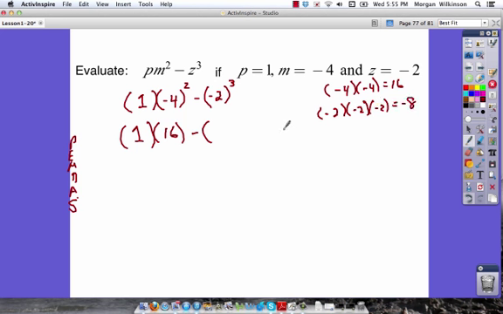So this is really -8. Now, that positive comes in handy because we've got 1 times 16, which is 16, plus our 8. 16 plus 8, that's going to simplify down to 24. We've got the right answer, and we're all done with this evaluation problem, even with the powers in here.